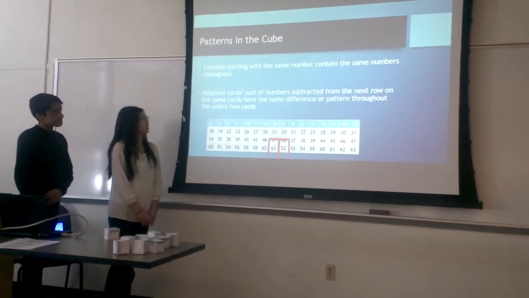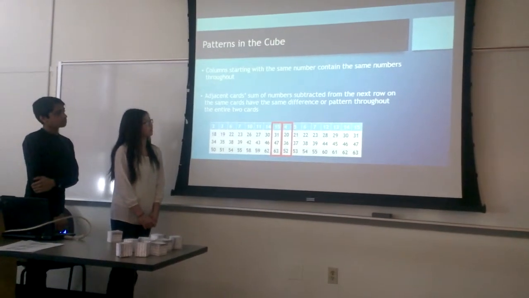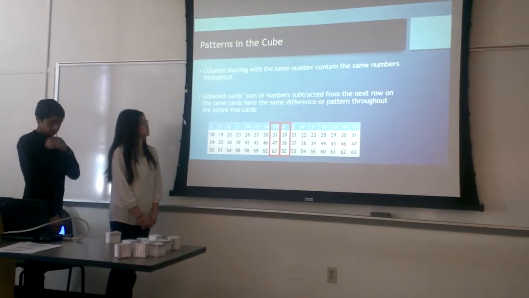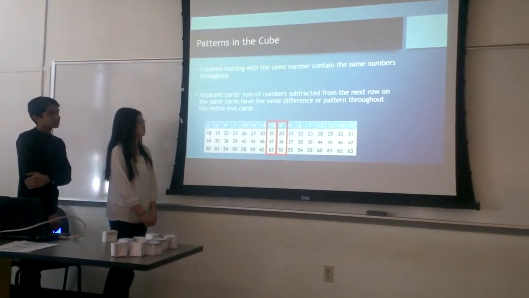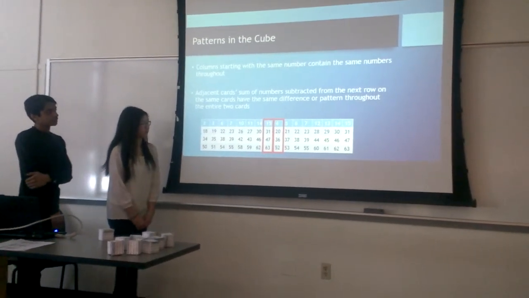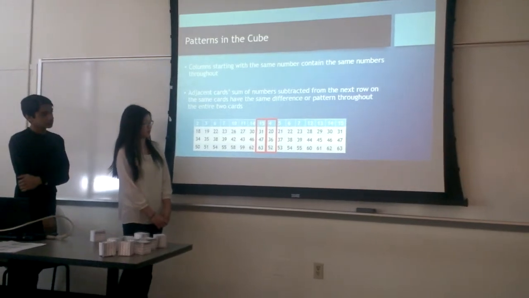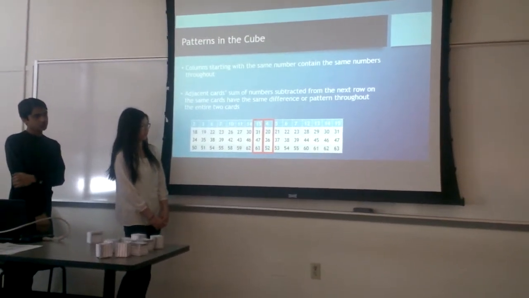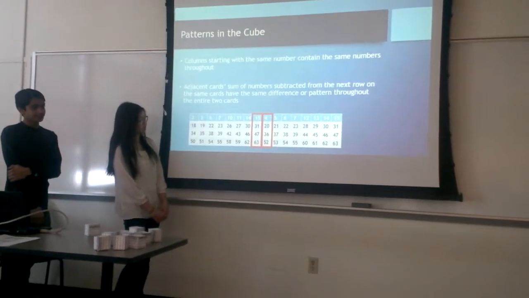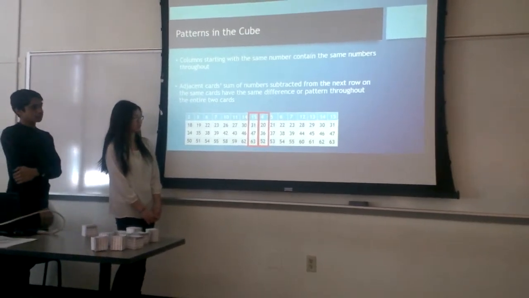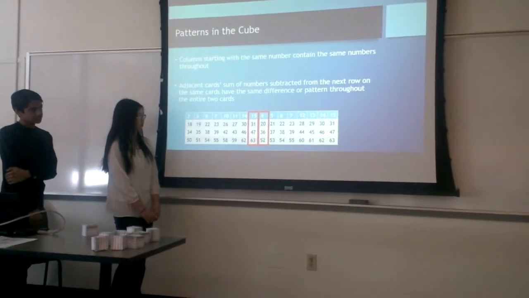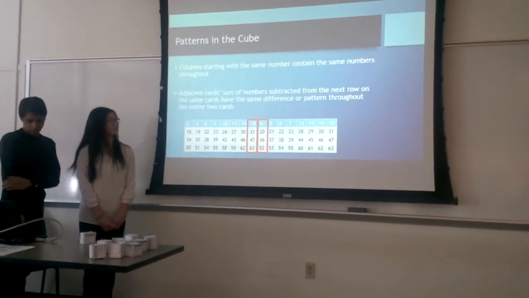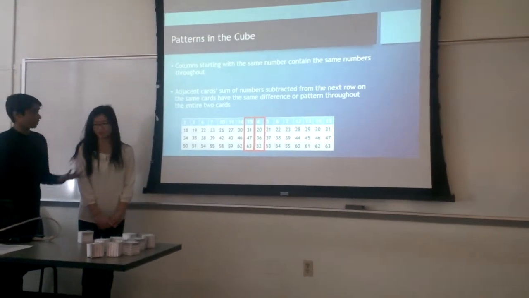And then for adjacent cards, the sum of numbers subtracted from the next row on the same cards has the same difference or patterns throughout. So 31 plus 20 is 51 minus 15 plus 40 plus 4 will be the same thing as 47 plus 36 minus 31 plus 20, and we have no idea why.